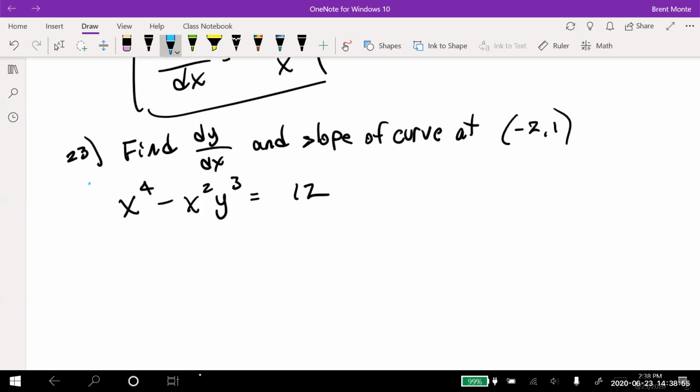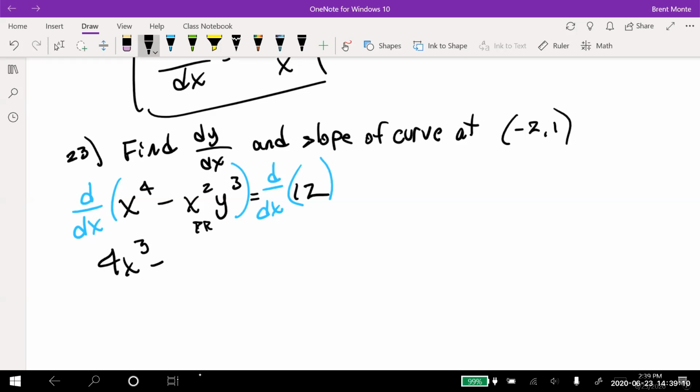And again, what we're going to do is take the derivative with respect to x both times. So when I take the derivative of x to the 4th, I just get 4x cubed minus product rule. So I've got another product rule here. It's the first times the derivative of the second.